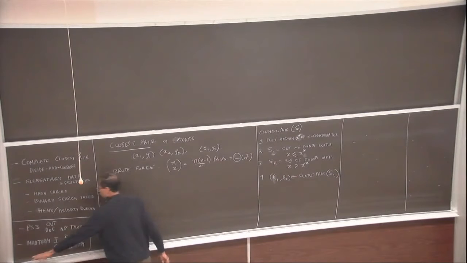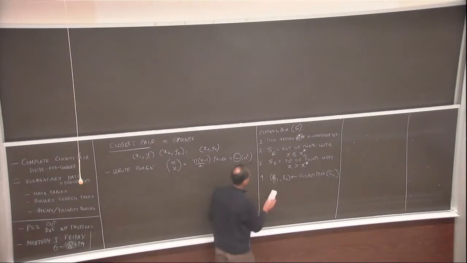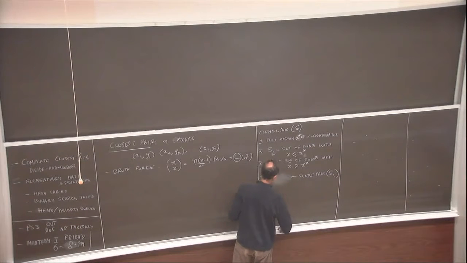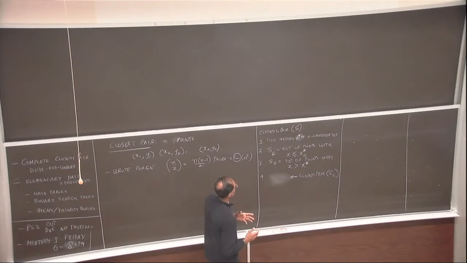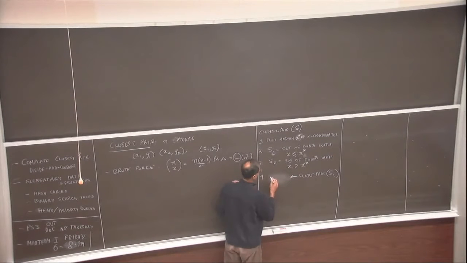We're returning the coordinates, so there are 2 points returned in the closest pair for SL. Let's say what we return is the x coordinate and the y coordinate of those 2 points. So we have to return 2 pairs.